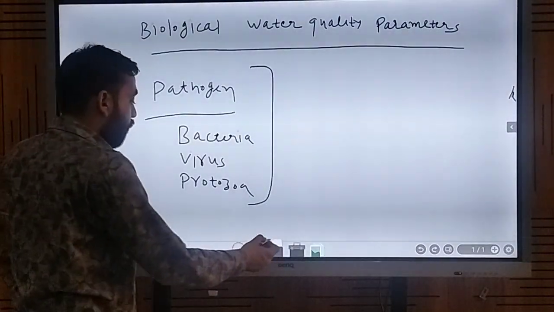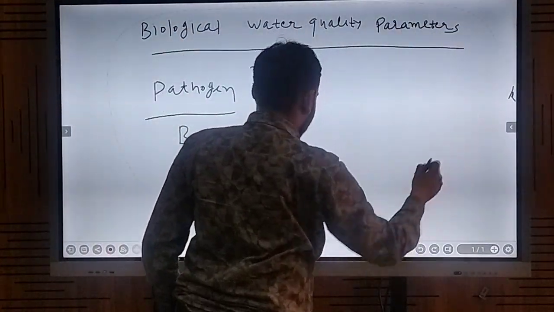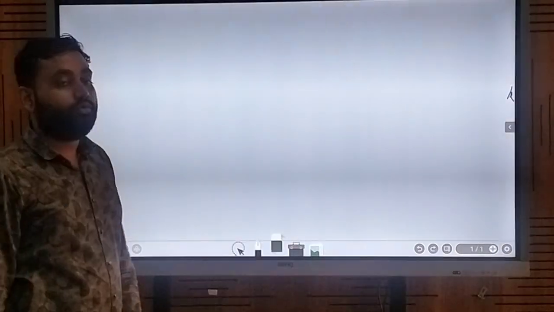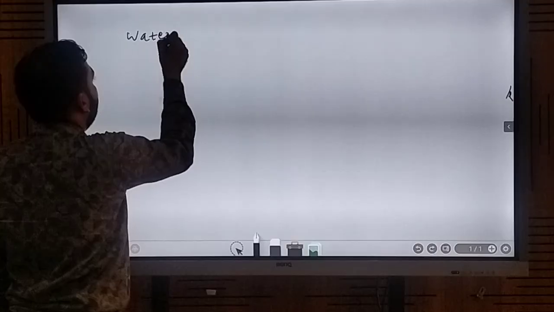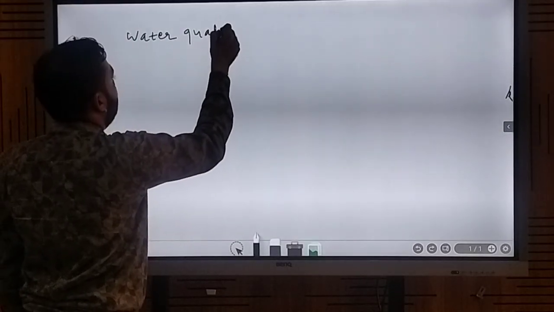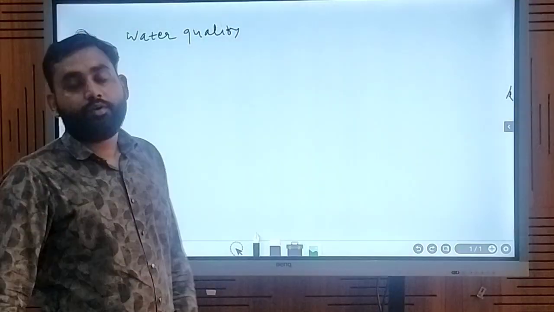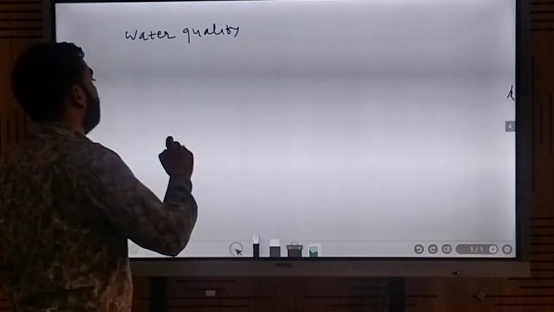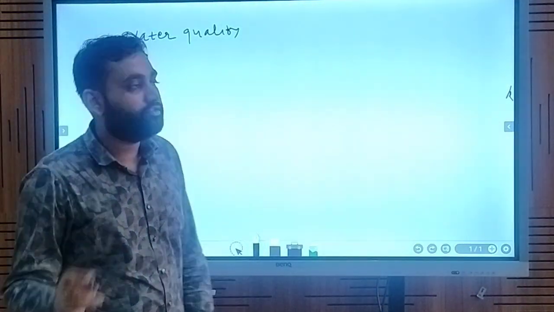All the water quality parameters studied here are to be removed or added, because water quality parameters should be within the permissible limit for consumption purposes. We get water from ground sources and surface sources.